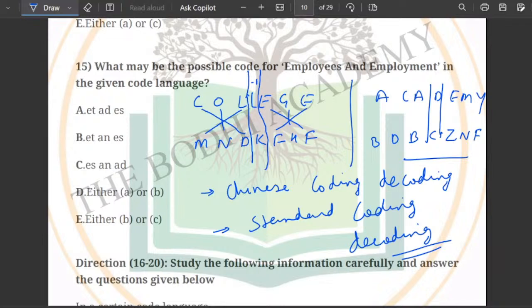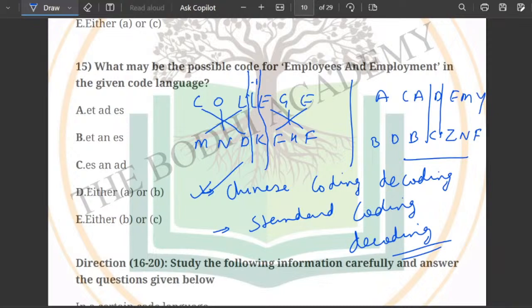So we'll be sharing the PDF to solve the questions on the Chinese coding decoding. Standard coding decoding, you can find the sources, or you can randomly try your logic and solve different types of questions.